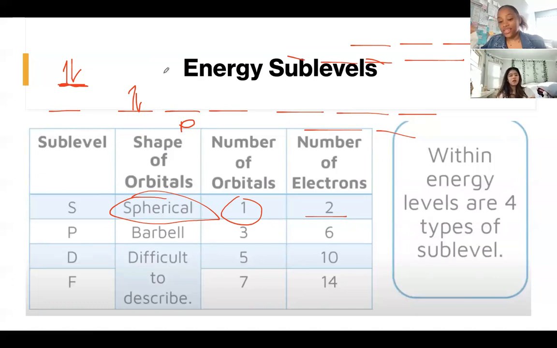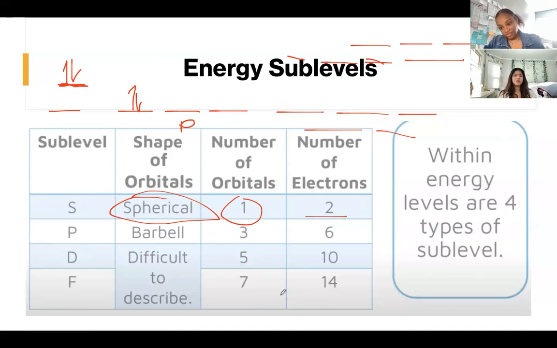Yeah. And the really cool thing about this too is that the number of electrons is 2 times the number of orbitals. Oh, that's so cool. I didn't realize that. Yeah.